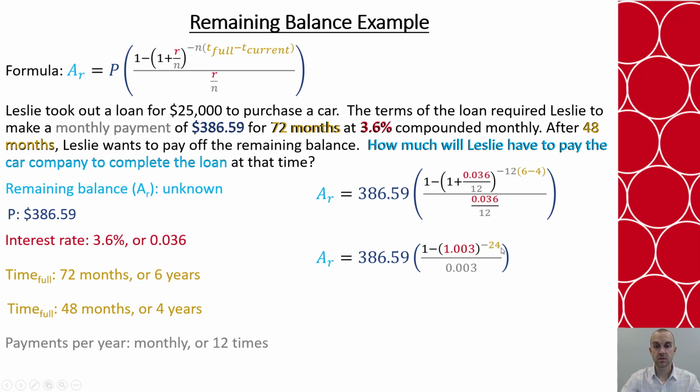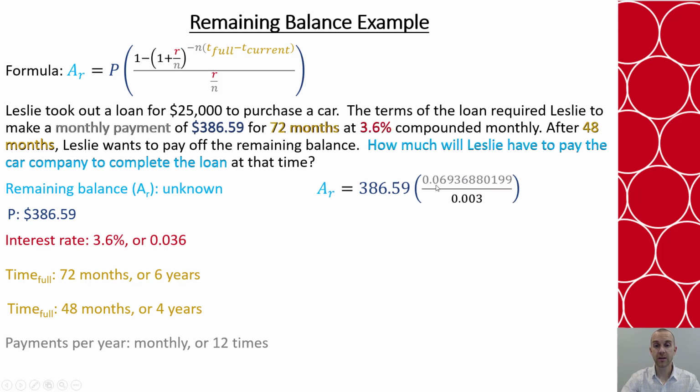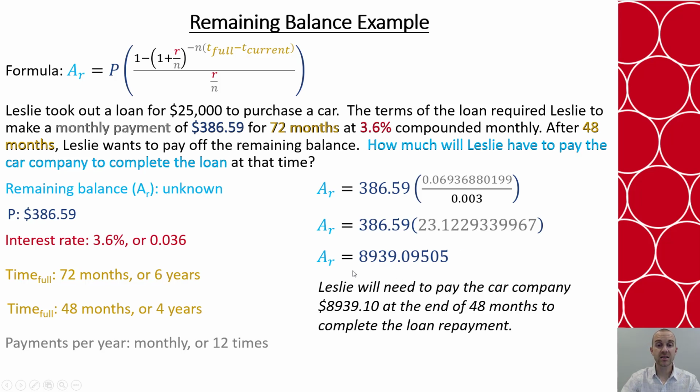So I'm going to take my exponent here, subtract this value from 1, and then divide by 3/1000, and then multiply the value by $386.59. And again, I've kept all the decimals I can up to this point. And now I can round my value so that I can say that in this case, Leslie will need to pay the car company $8,939.10 at the end of 48 months to complete the loan repayment.